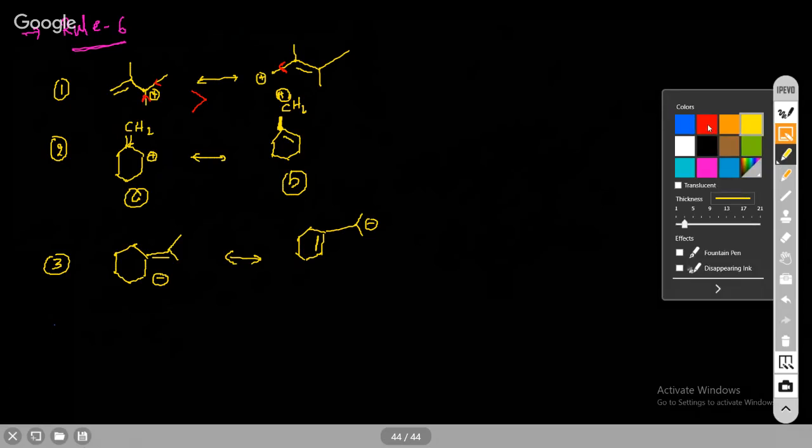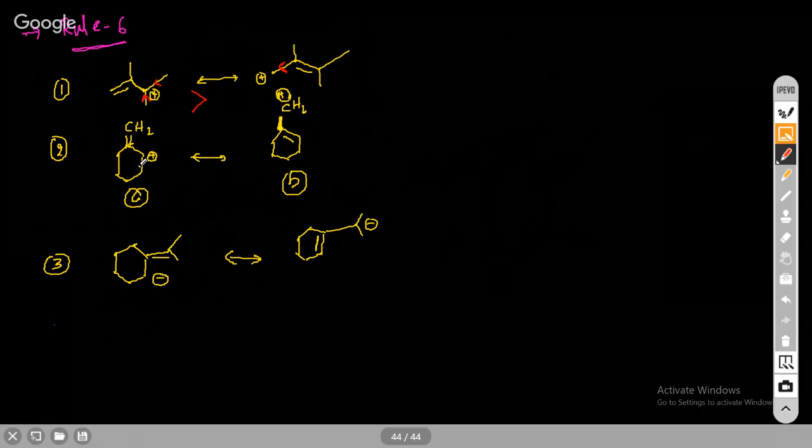Why? Because this is carbocation, it is 2 degree, and this is 1 degree. So we know 2 degree carbocation is more stable. What happened, Atmesh? Oh, for the second one you are saying.